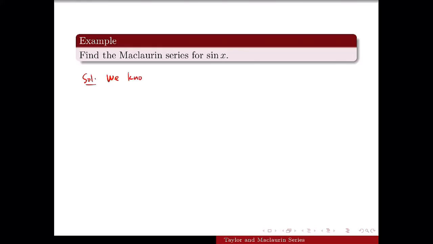We know from previous example that cosine x, this is the sum, negative 1 to the n, x raised to 2n over quantity 2n factorial, and from 0 to plus infinity.